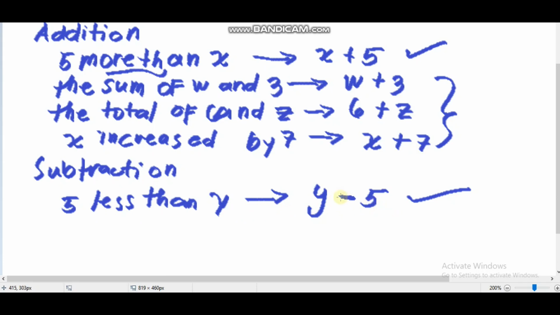Now this is very crucial because it's negative 5. When you say 5 minus y, it is not equal to y minus 5. The 5 becomes positive and the y becomes negative.